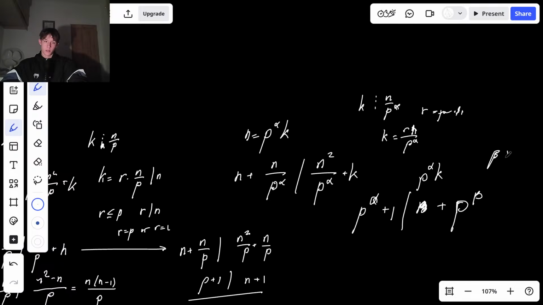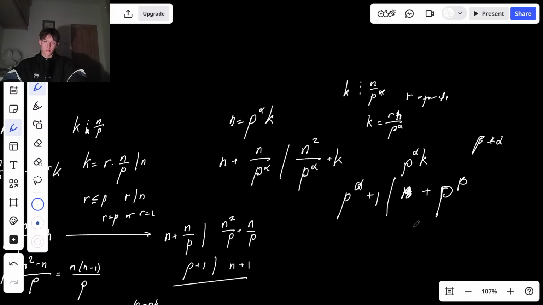Beta is less than or equal to alpha, so p to the power of alpha plus 1 divides p to the power of alpha minus beta times k plus 1.